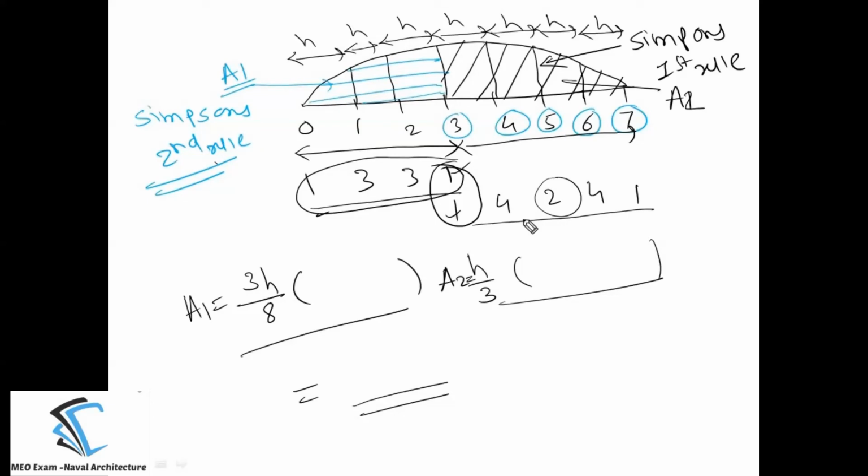In this case, for region A1 we are using Simpson's second rule, and for region A2 we are using Simpson's first rule. So don't add the multipliers where the combined ordinate is there. That is a wrong methodology.